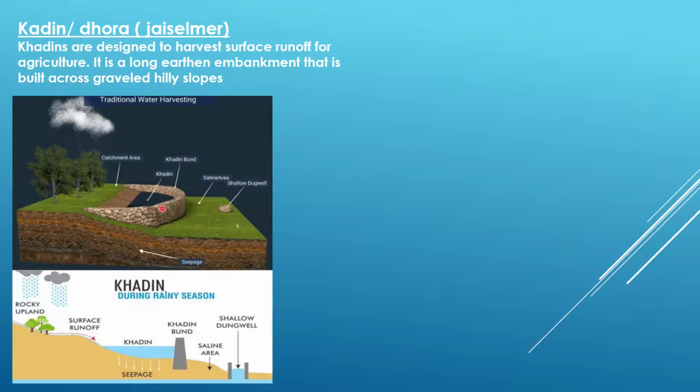You can see the water is getting collected in the Khadin, and this is the Khadin Bandh, or you can say earthen embankment, and when this water seeps into the ground, it recharges the groundwater, so they can take out the water whenever they want from the dug well over here.